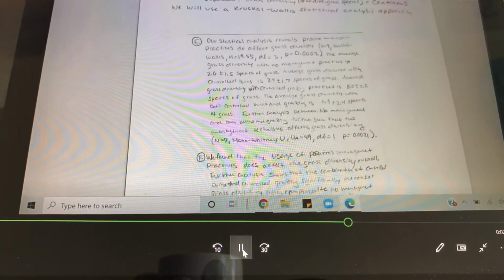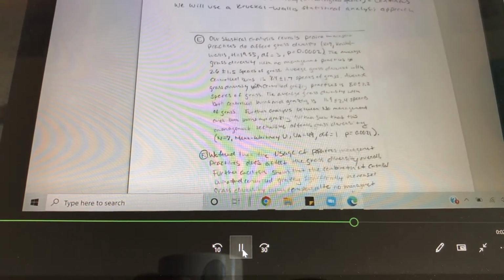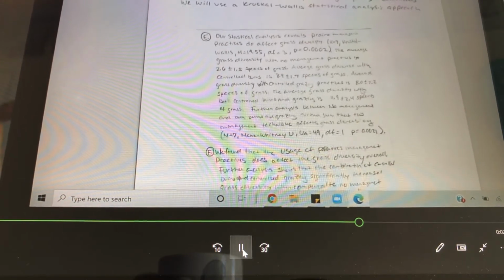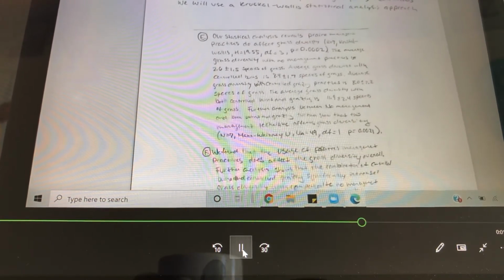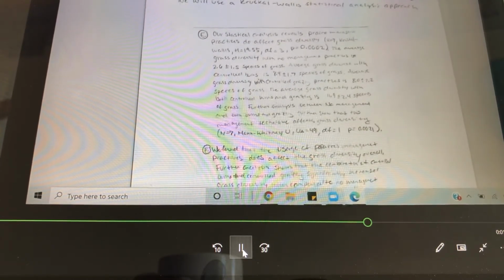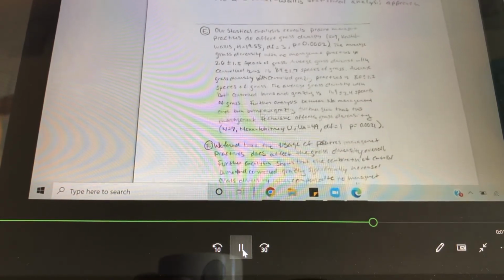The average grass diversity with controlled burns is 8.4 plus or minus 1.7 species of grass. Average grass diversity with controlled grazing is 8.0 plus or minus 2.2 species of grass. And finally, the average grass diversity with both controlled burns and grazing is 11.9 plus or minus 2.4 species of grass.